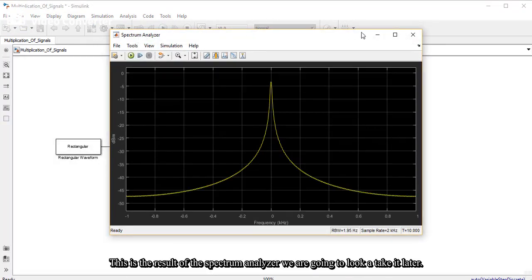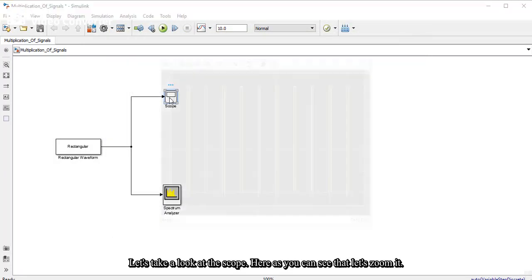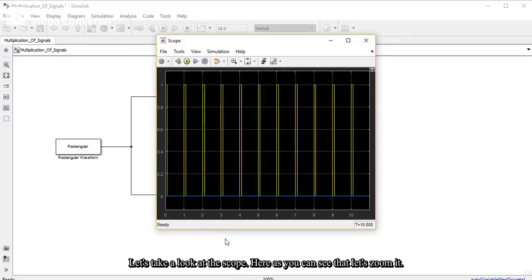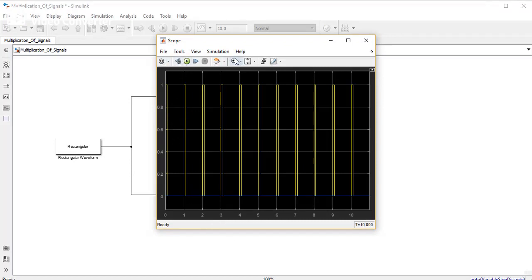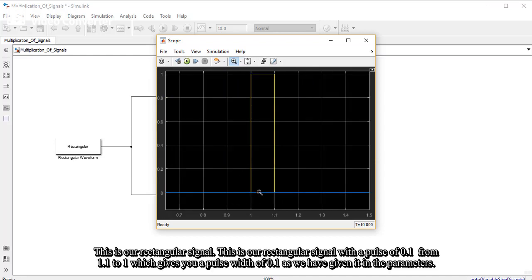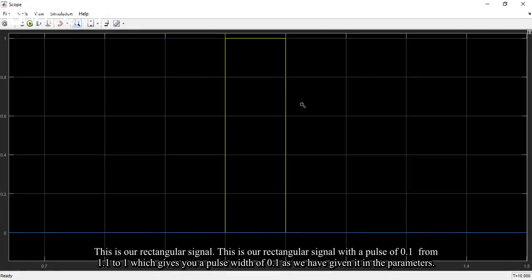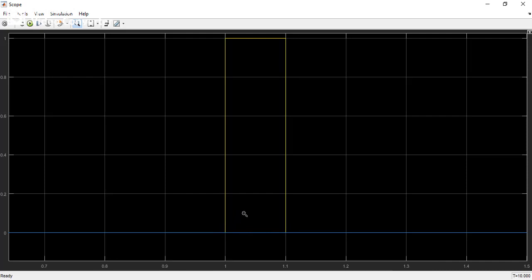This is the result of the spectrum analyzer. We're going to take a look at it later on. Let's take a look at the scope. Let's zoom in. This is our rectangular signal with a pulse width of 0.1, from 0.9 to 1, which gives you a pulse width of 0.1 as we have given it in the parameters.